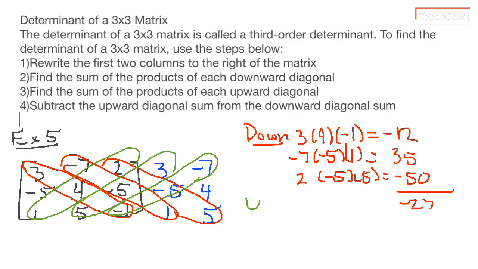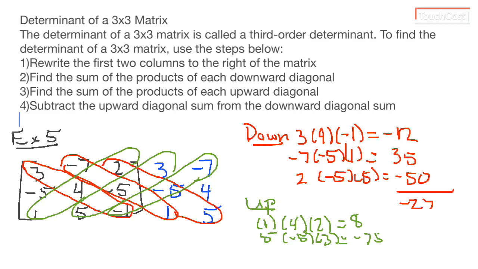The upward diagonals are the ones when we went from right to left. The ones that from right to left, or in fact from left to right, go up the matrix. So we're going to go 1 times 4 times 2, which is going to give us 8. We're going to go 5 times -5 times 3, which gives us -75.